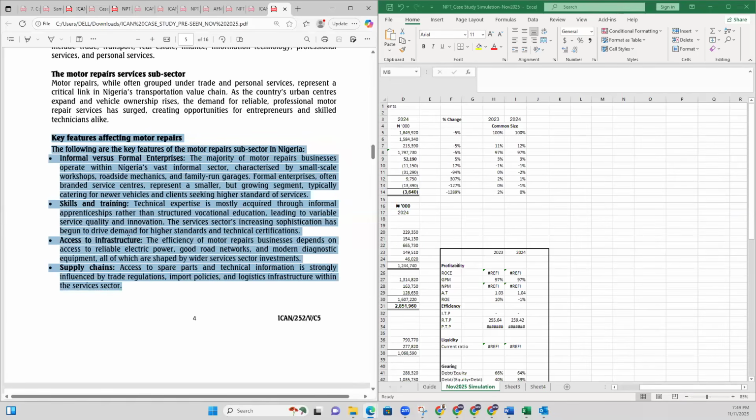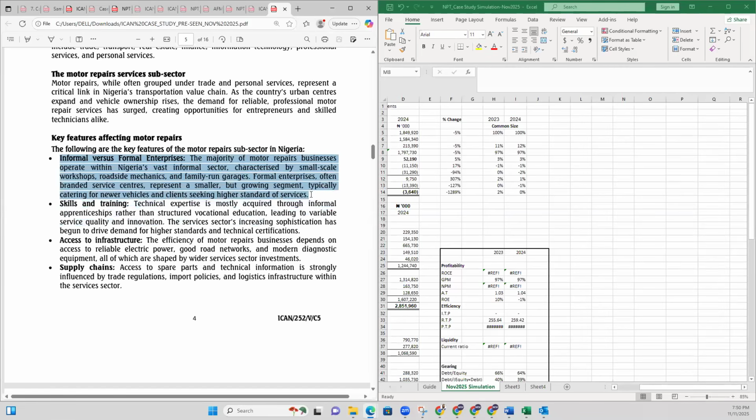If you think about the motor repair service sector, the first thing that should come to your mind is the regular mechanics on the road, right? Because a lot of car owners, if not up to 90% of car owners in Nigeria, or even more, use the roadside mechanics to get their car repaired. And that's what they spoke about here regarding the informal and formal sector.